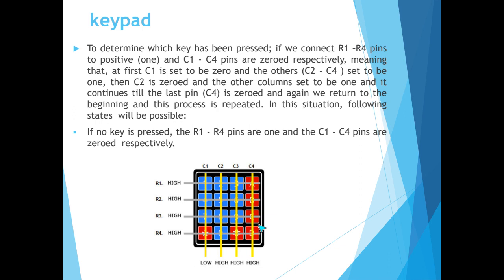In this situation, we will have two states. If no key is pressed, suppose that we didn't press any key, R1, R2, R3, R4 pins are 1 because they are connected to high voltage and the pull-up resistor is activated. And C1 up to C4 are 0 respectively, okay?